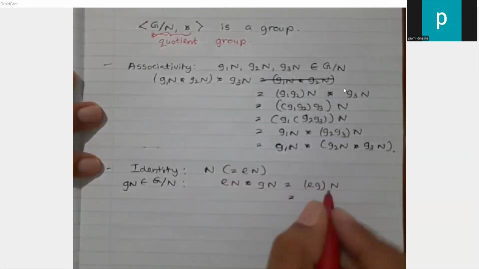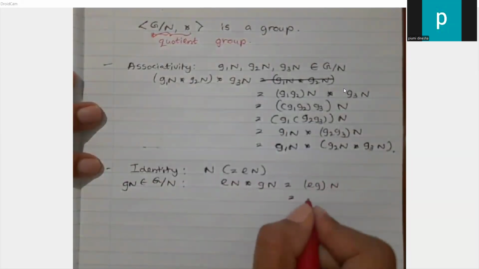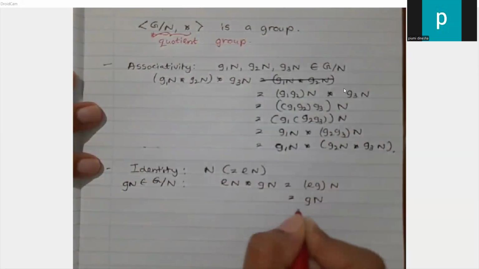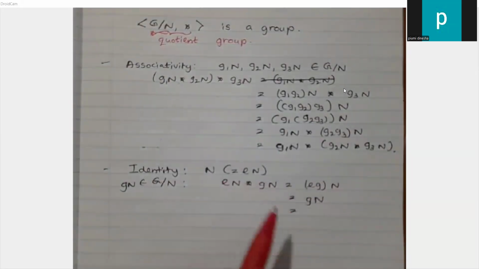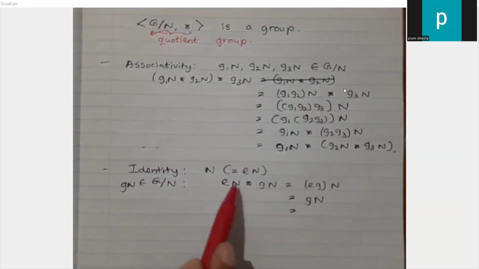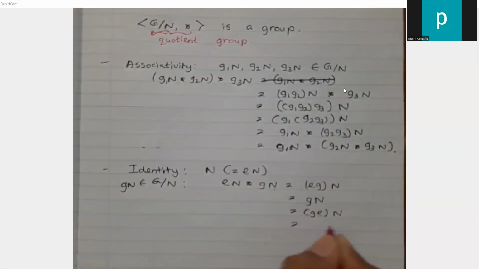E is the identity in G, so eg simply gives you gN. Now I can write this as geN, and going back to the definition of star, this is gN star eN. So it satisfies the condition for it to be an identity. This is the identity element.